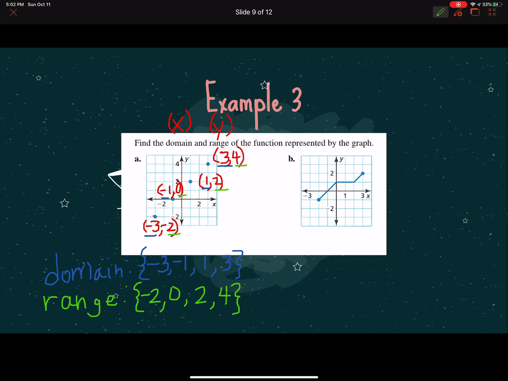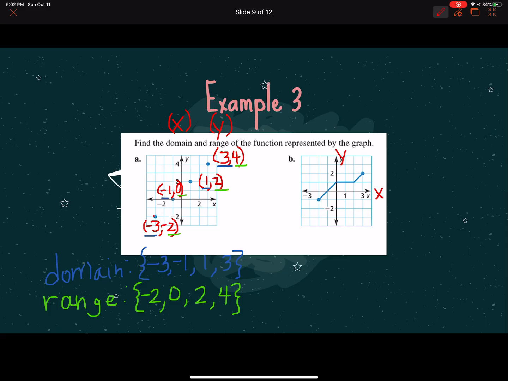Okay, now we're going to go through the same process with example B. Now this one actually is connected, so it's a little different because we have a line of values now going on here. So let's talk about, for a second, our domain, which is our x, and our range, which is our y.